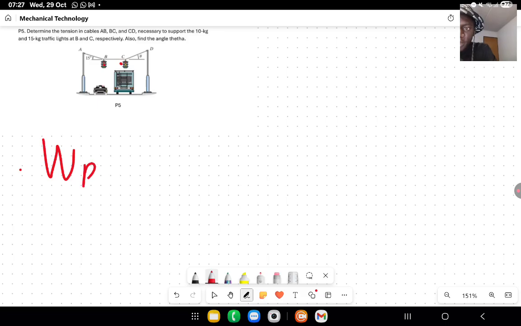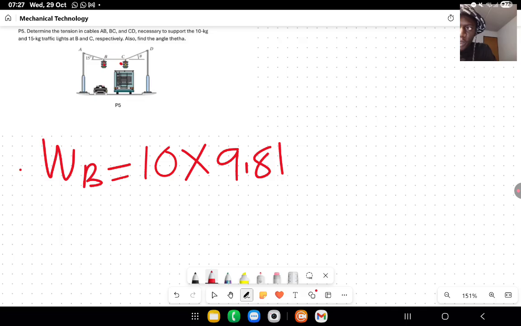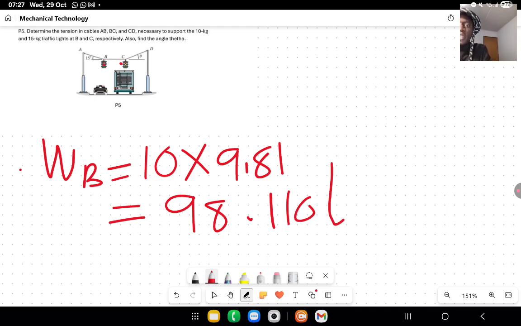Weight at B is equals to 10 multiplied by 9.81. Then we say it's 98.10. 98.10.